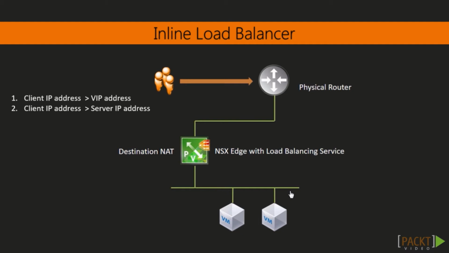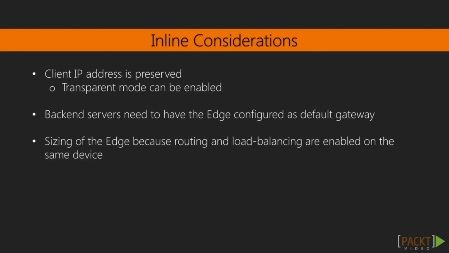The flow back is exactly the same, so the server sends the answer back to the client IP address directly, and the load balancer returns the traffic to the client from the virtual IP address. So as you can see, the client IP address is always involved in the whole communication flow if you use an inline load balancer.